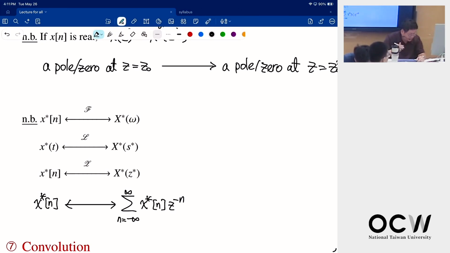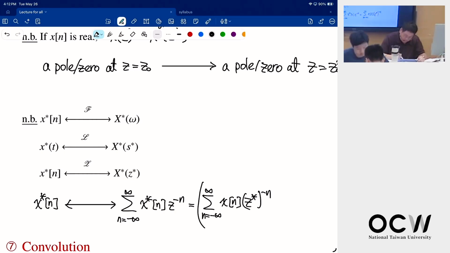We can think about this as the summation of x n z conjugate to minus n overall conjugate.